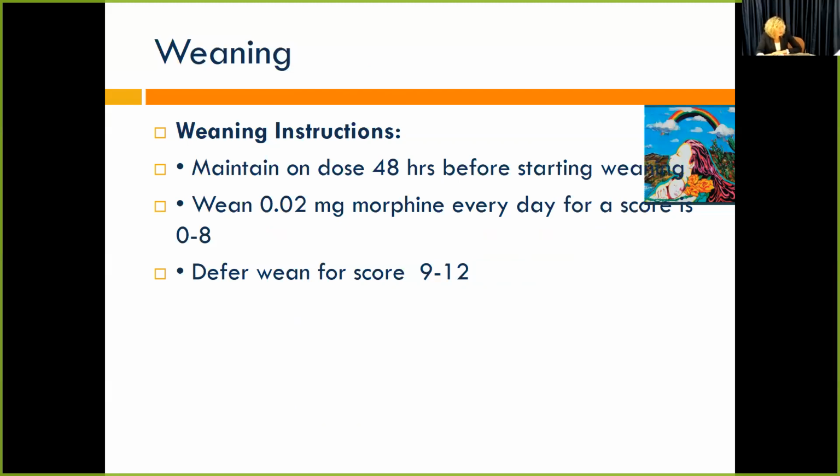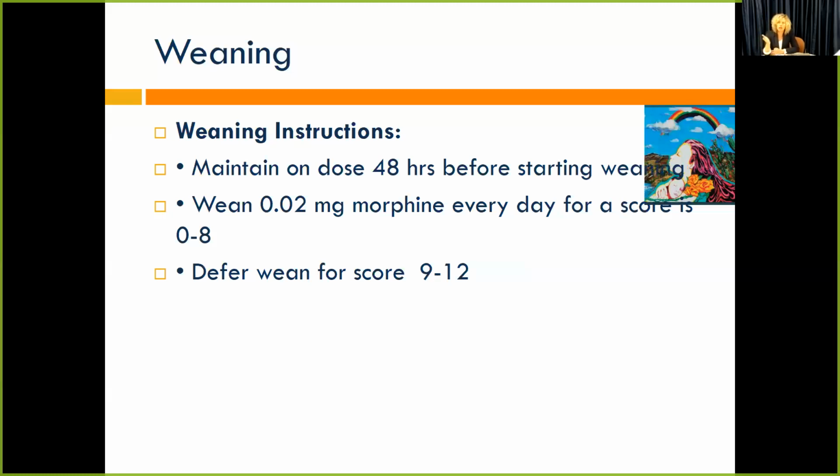And remember that the score is a subjective evaluation of the baby's symptoms, and that sometimes we all have to collaborate and talk about the whole picture for a baby. So the Finnegan tool is a great tool, but it is subjective and needs to be taken in the whole picture of the baby's clinical care. And that's why I also think it's really powerful and important to have the parents be empowered to do the scoring and have the scoring tool with them.